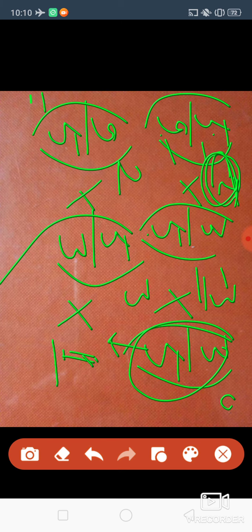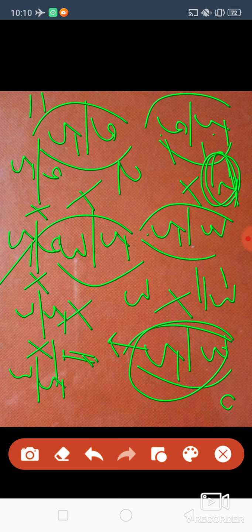So how much will we get here? 9/5 into 9/5; its exponent is 2, so we multiplied 2 times. In the same way, 5/3 into 5/3 into 5/3, multiplied 3 times because the exponent is 3.